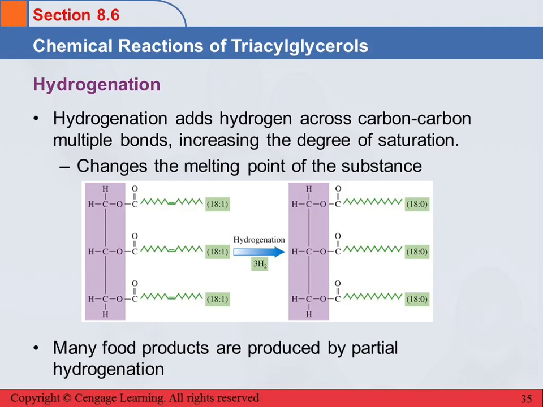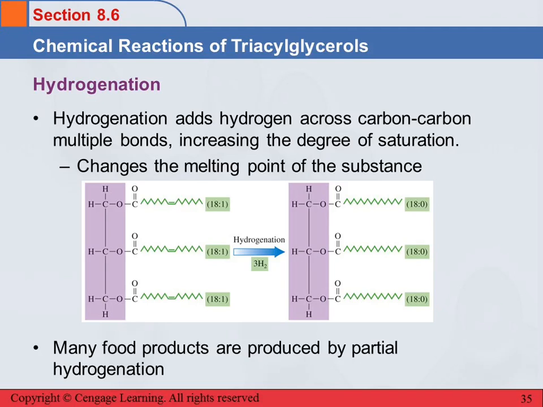Many food products are produced by partial hydrogenation. If you're at all interested in nutrition, you've probably heard about partially hydrogenated soybean oil, and you've heard about trans fats, and all these words that get thrown around. It's all biochemistry. That's all it is.